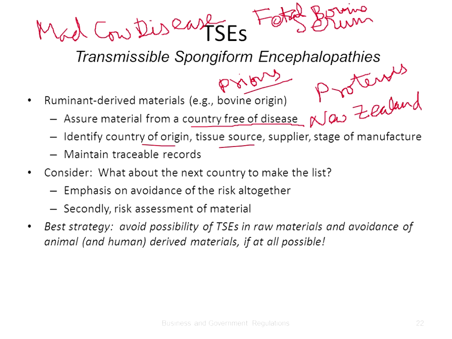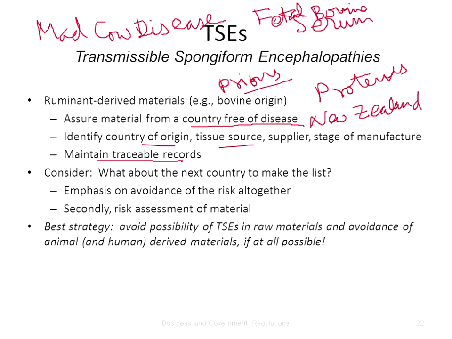You want to identify the country of origin, tissue source. You want to basically make sure you know everything about where you got the material from, right? And maintain traceable records. But even though you might take all these precautions, you have to think, when is the mad cow disease going to go to New Zealand?